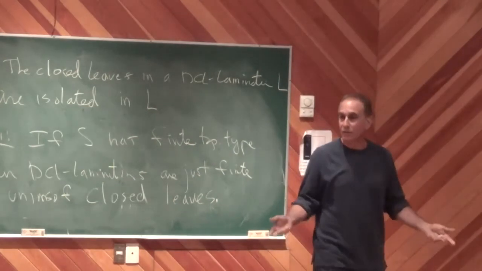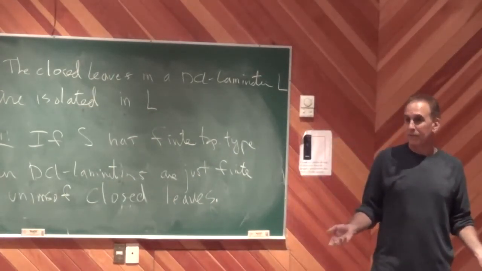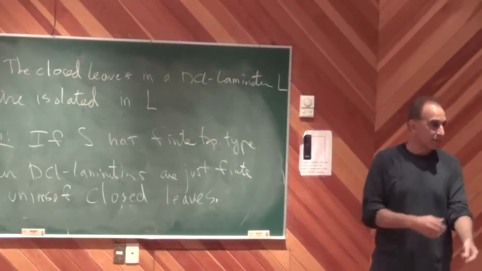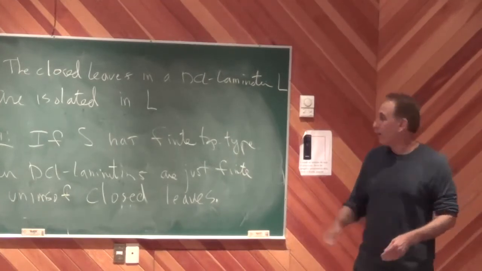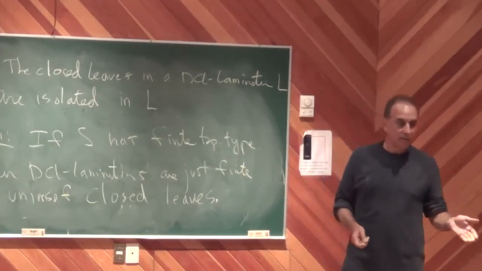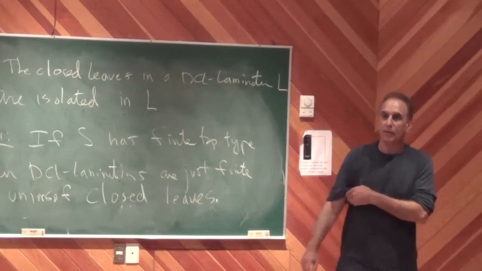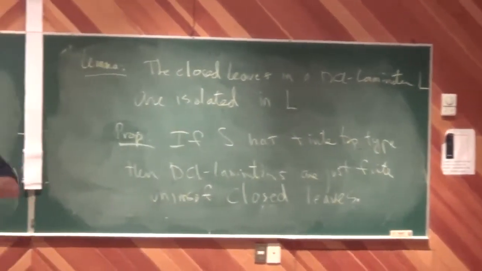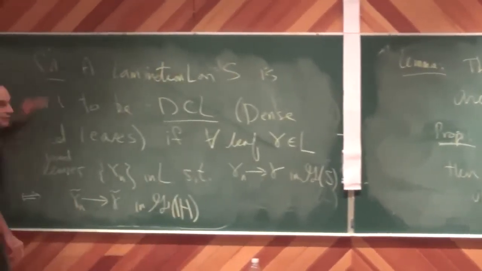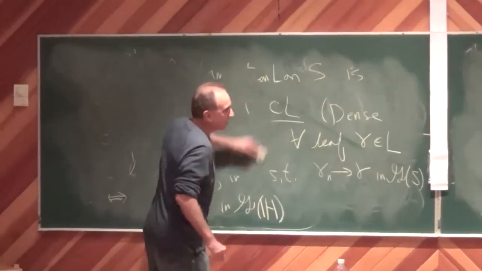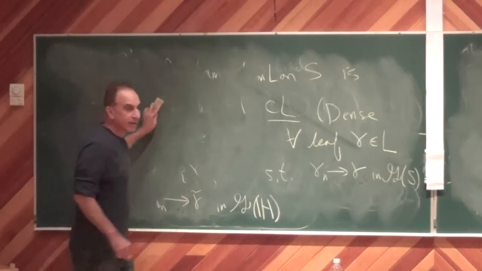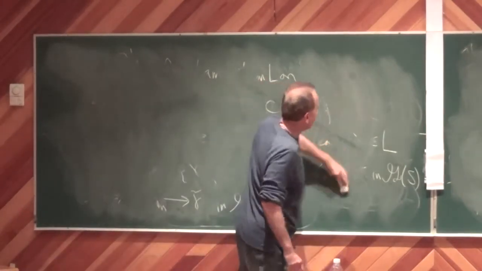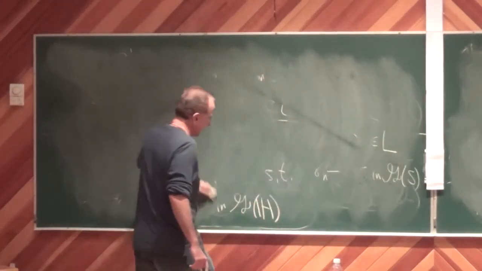So what's the upshot of this discussion? DCL laminations are not so interesting for finite topological type surfaces. And of course their derivative is empty right away. So that's what this whole excursion was about. Let me just state the theorem, which is for infinite type surfaces, these DCL laminations are already a rich set of laminations.